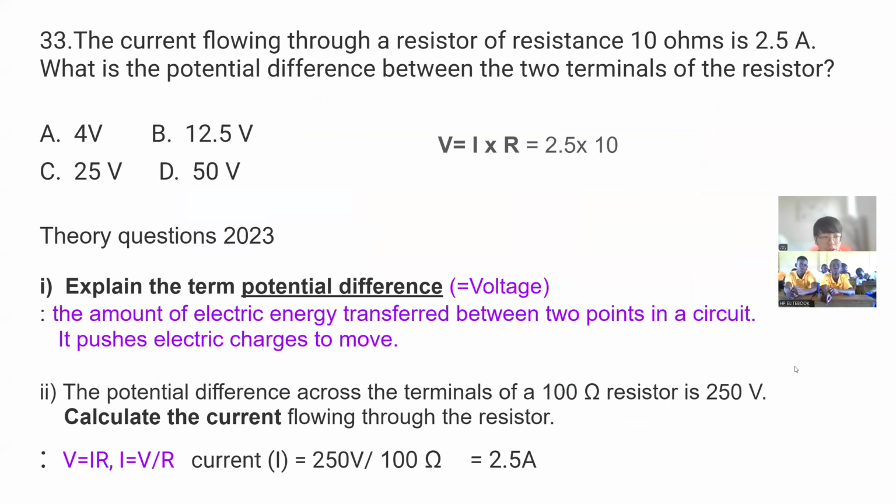So let's try this one. The current flowing through a resistor of resistance 10 ohms is 2.5 ampere. What is the potential difference between the two terminals of the resistor? Can you guys solve this problem?